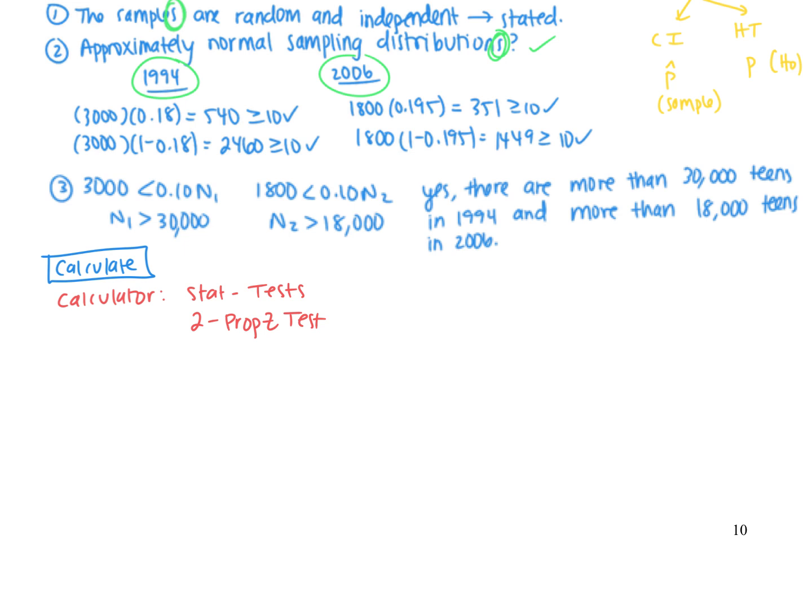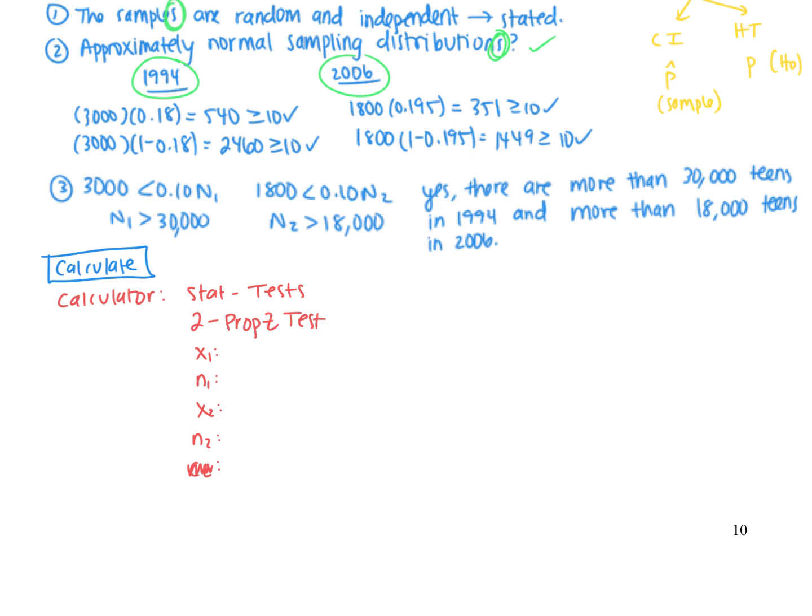Okay. So then it's going to ask for x1, n1, x2, n2, and the confidence level. Nope, not confidence level. It's going to ask us for the direction. All of this looks good so far?